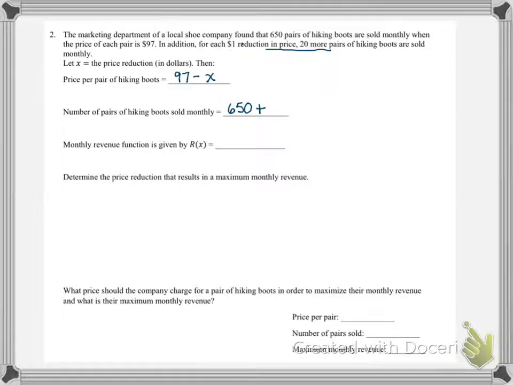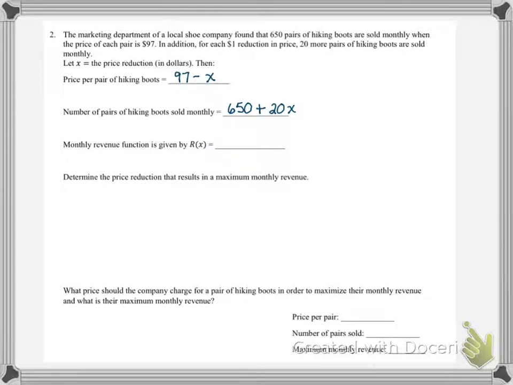And how much does the quantity go up by? 20 for every $1. How many dollars am I changing the price by? x. So it's going to go up by 20x. If x was 2, it would go up by 40 pairs.